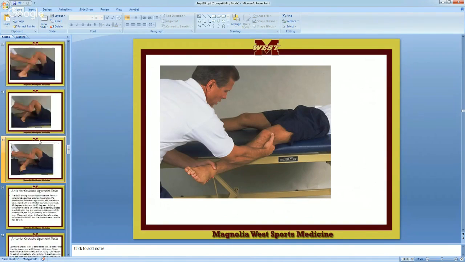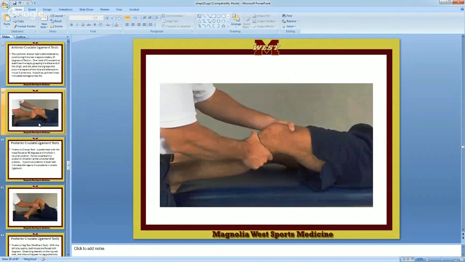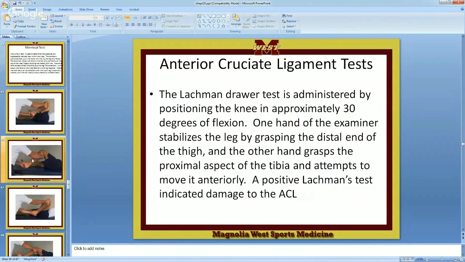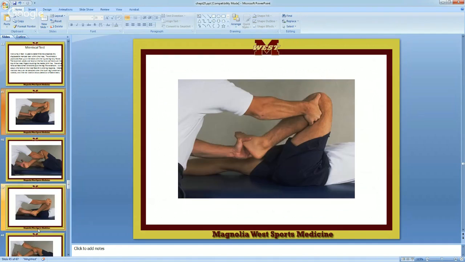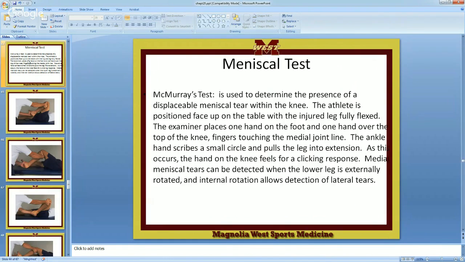You'll also see a picture very similar to that on 39. What is this test? 38 tells you it's a Lachman's test. All the way down here to 45 through 48, you'll see a group, and that group is McMurray's test.